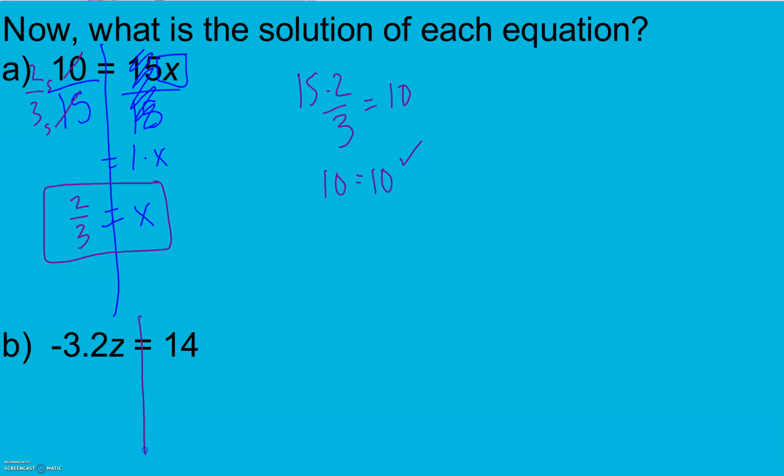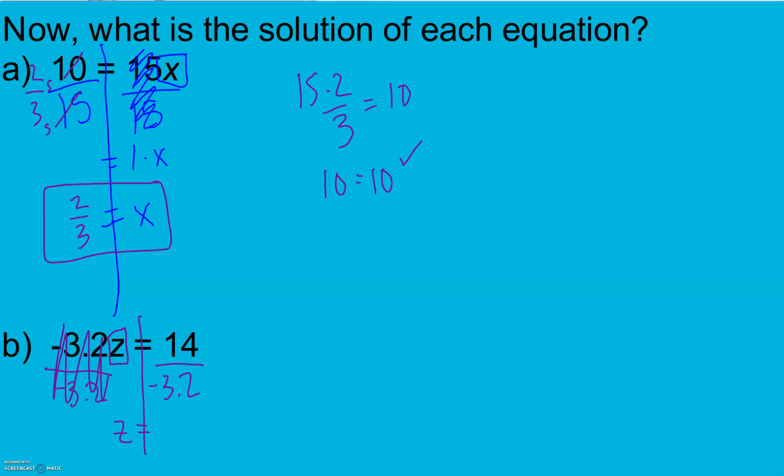On B, I have multiplication. So to get rid of multiplication, we are going to divide. And it doesn't matter that that's negative. We take the sign with the number the same way. So here, negative 3.2 divided by negative 3.2 gives me just 1. Anything divided by itself gives you 1, and 1 times z is just z.